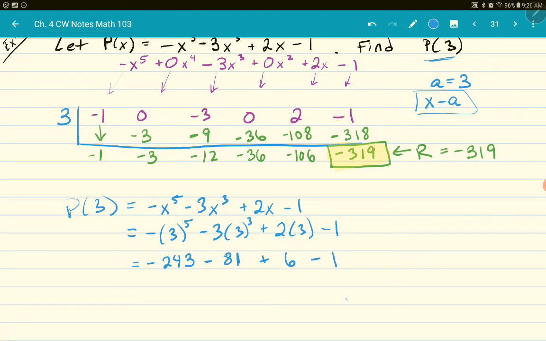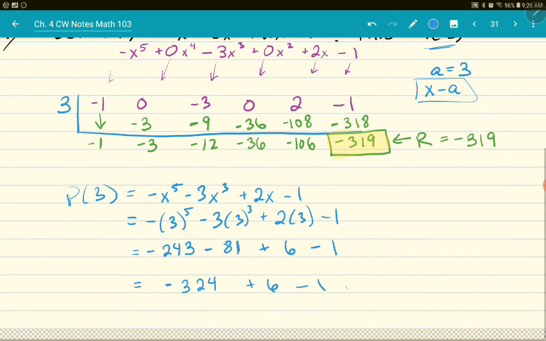Negative 243 minus 81 gives me negative 324, plus 6, minus 1.